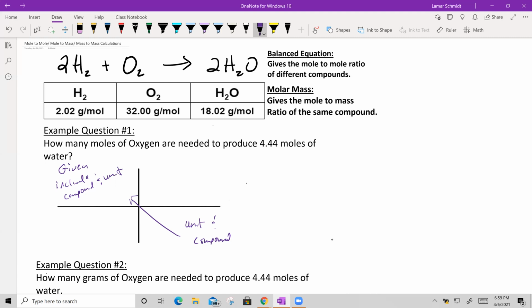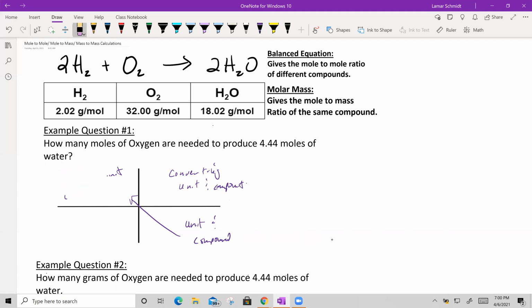And then we're going to do our converting unit up here. So what are we converting to? Converting unit and compound. So this is the template. Given, include the unit, the compound and unit. The same compound and unit is going to go down in the bottom, and then our converting unit and compound. And so that's what we get to.